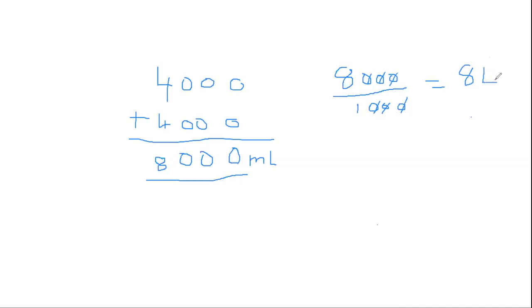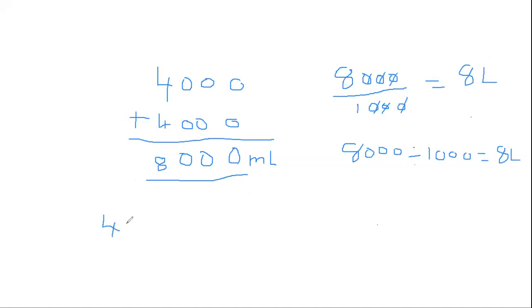Or you can just say that 8,000 divided by 1,000 would give you 8, right? Now, you would have that in mind, or you can change it up. You can convert both.